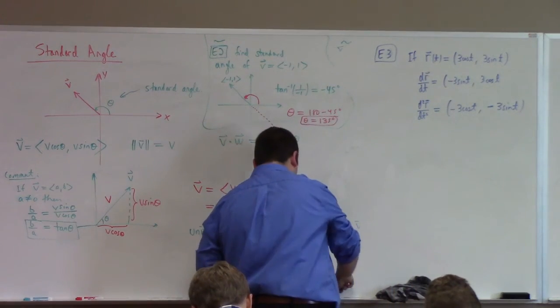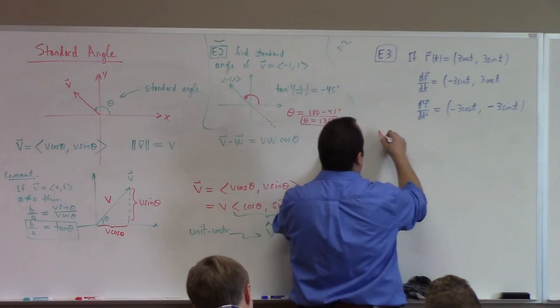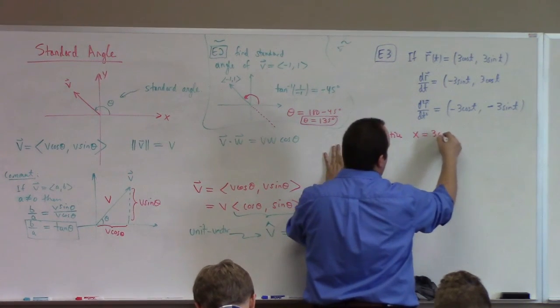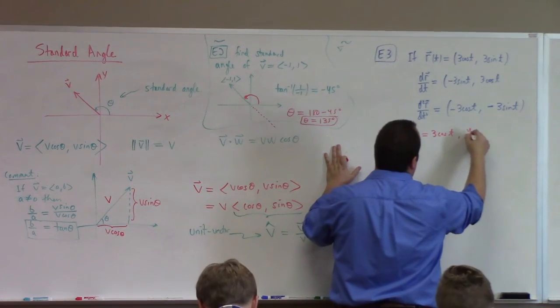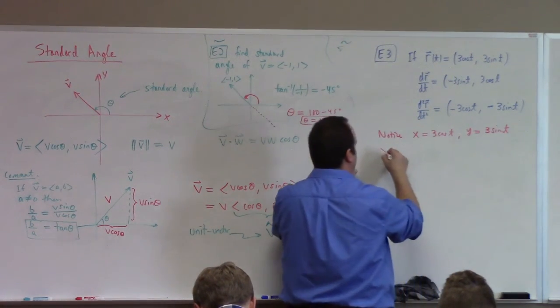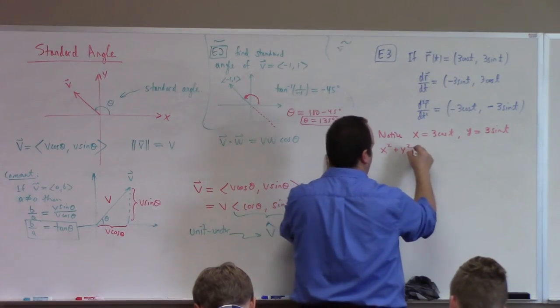Notice, we have x equals 3 cosine t, and y equals 3 sine t. What happens if you look at x squared plus y squared?